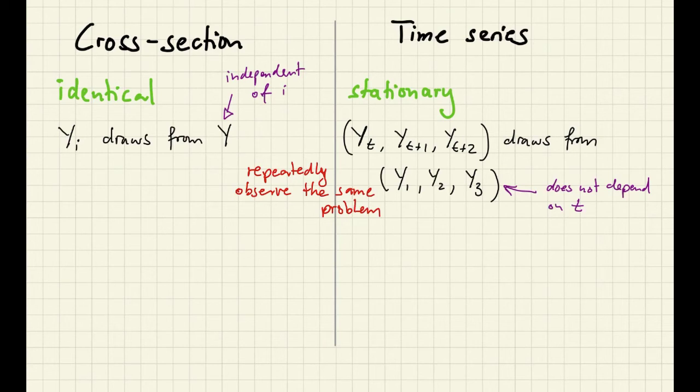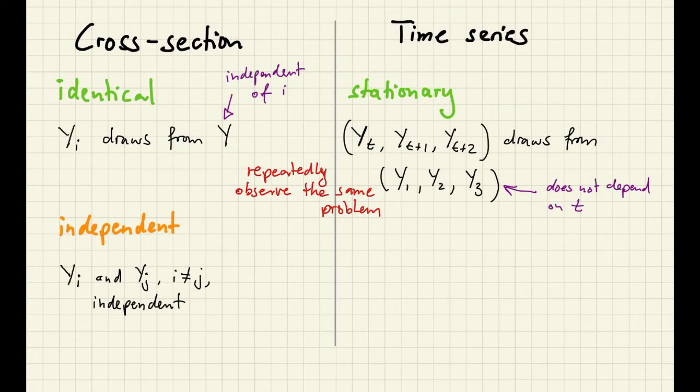Independent sampling in a cross-section. This means if we take any 2 observations yi and yj that are distinct, so i unequal j, then these will be statistically independent.